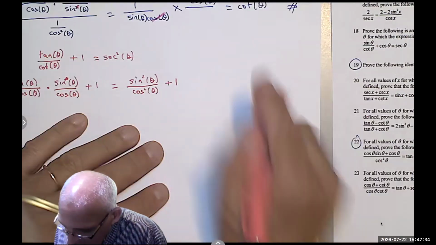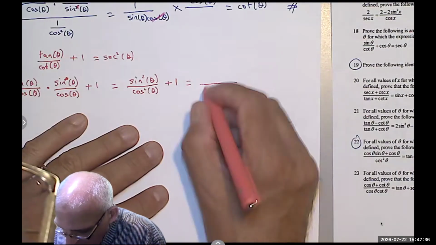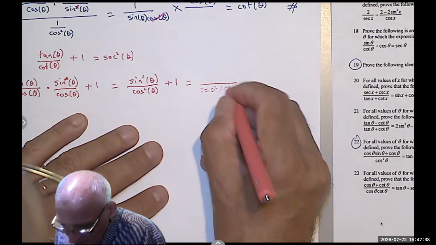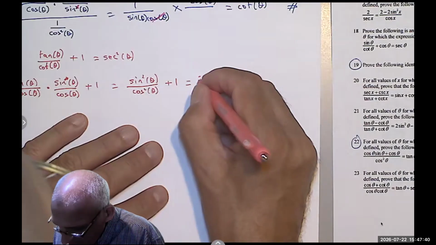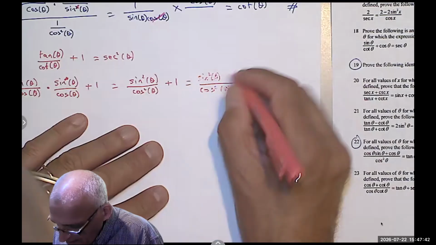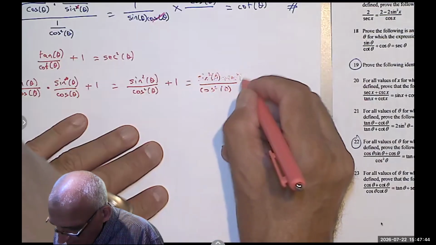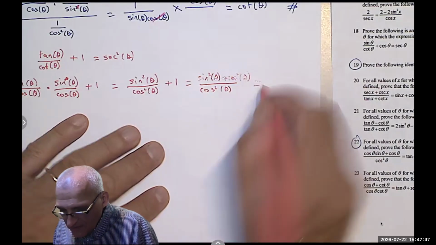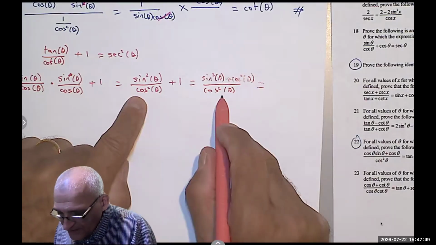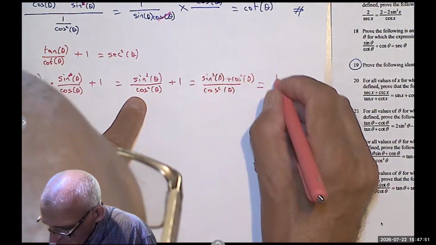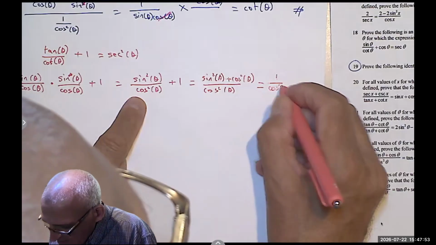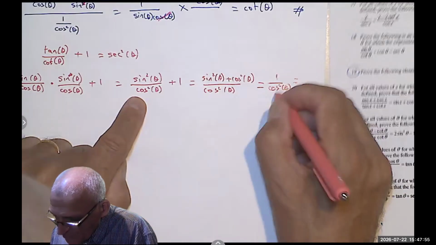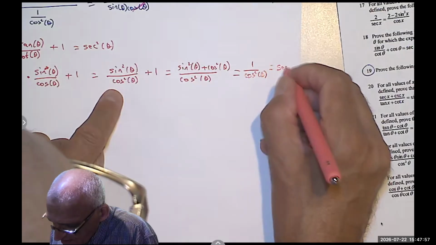Or I can take a common denominator if you wish, cosine square theta. Both are correct. Sine square theta plus cosine square theta, because I took a common denominator. Sine square plus cosine square is 1, so 1 over cosine square theta, but 1 over cosine is secant, so this is secant square theta.